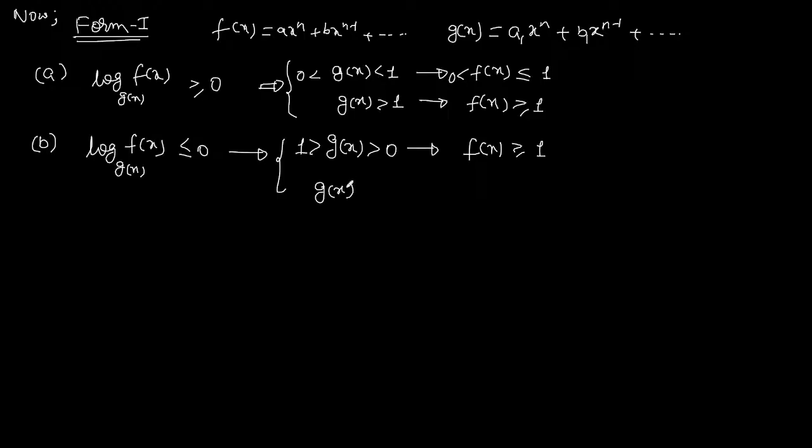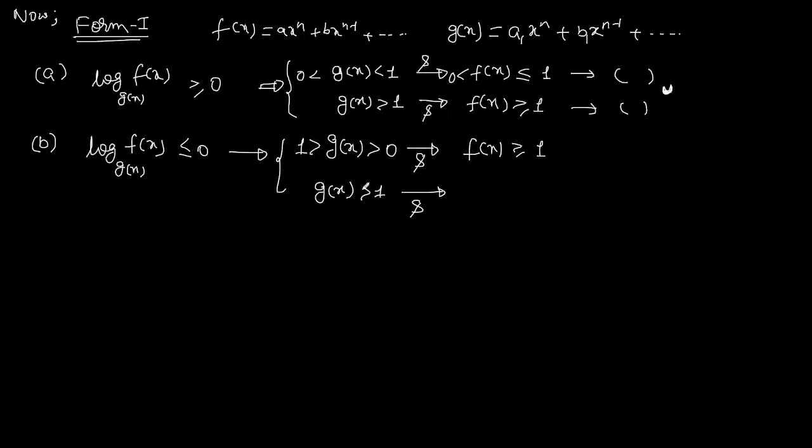which will become fx is bigger than equal to 1. In this case we'll take AND, and after getting this value of x, we'll take union. So gx is bigger than 1, we'll take AND. When gx is bigger than 1, what are the values of x?